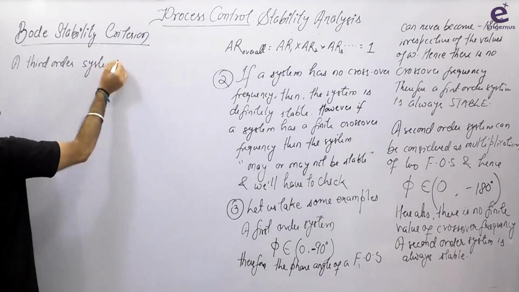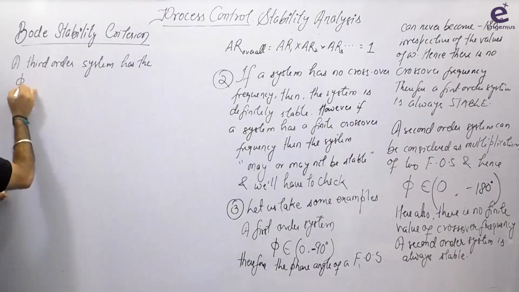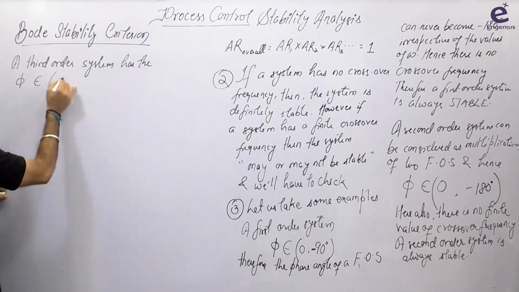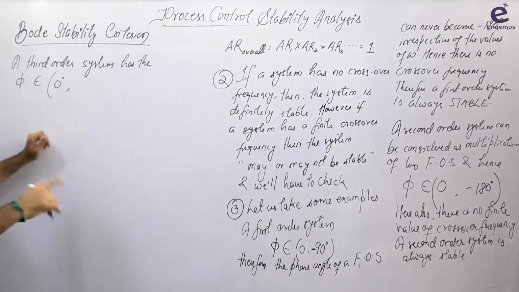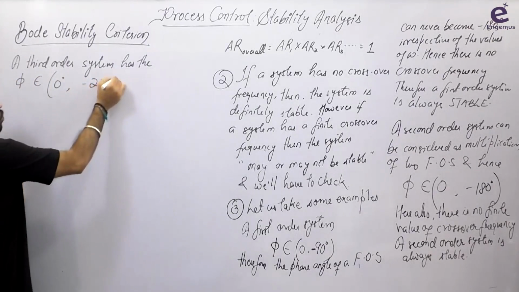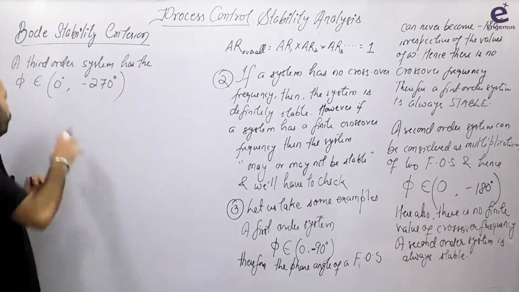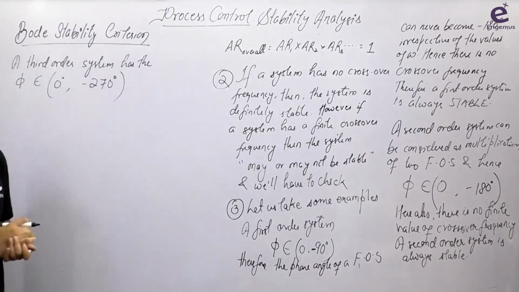What is the range of phi? Has the phi lying between 0 to what? 90, 90 and 90. So -270 degrees. 0 to -270 degrees. Obviously, for some value of omega, phi can become -180 degrees, right?